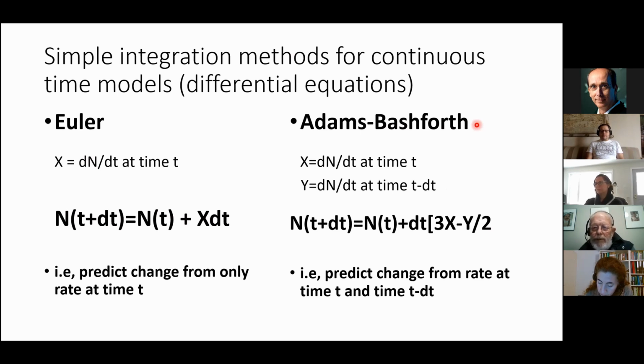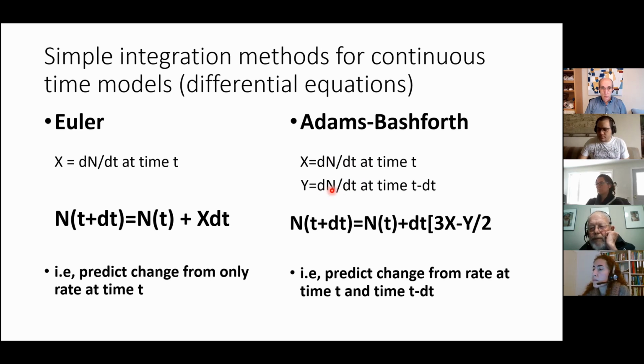One of the most useful and simple of those integration methods, that's really easy to implement in Excel, is what's called the Adams-Bashforth or predictor-corrector method. We calculate the derivative of the abundance, how fast it's changing at time t, and then we also look back at how fast it was changing at an earlier time step.